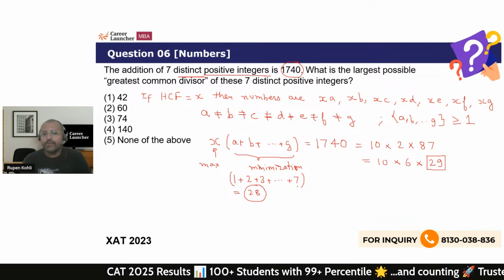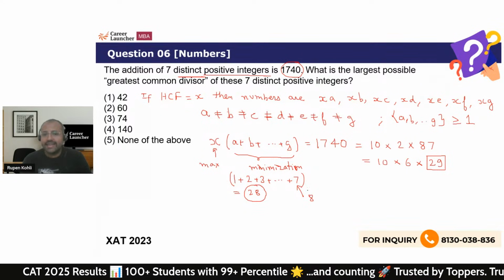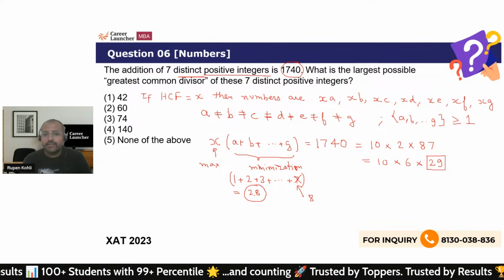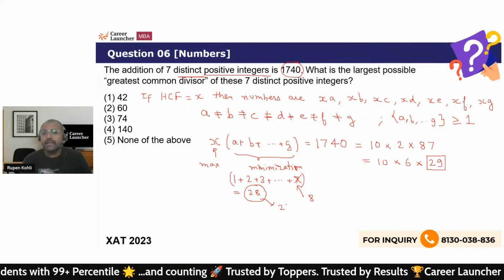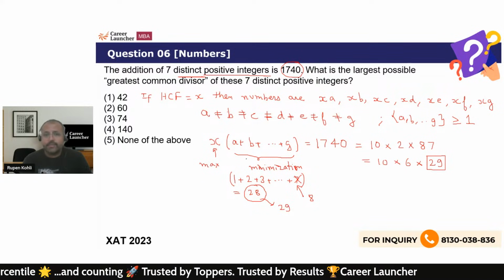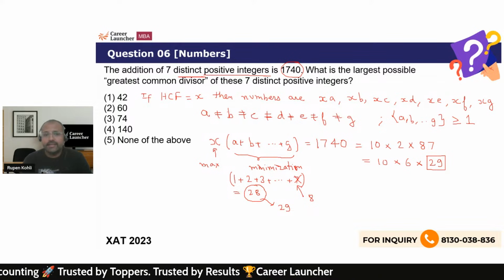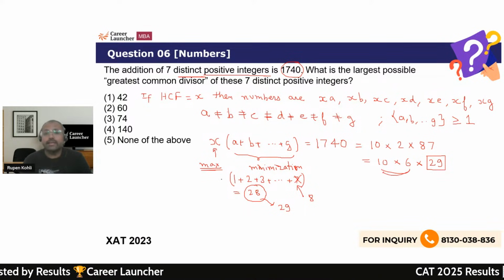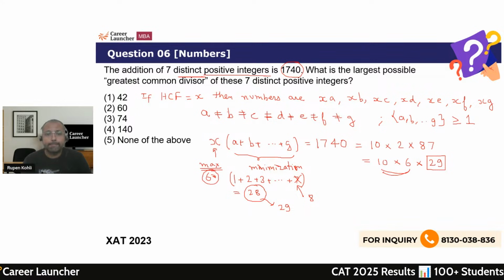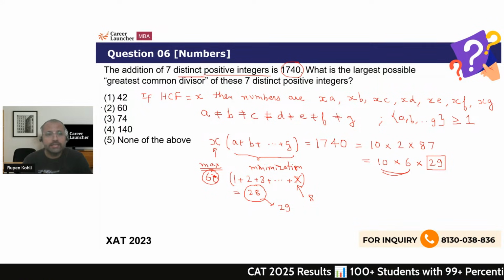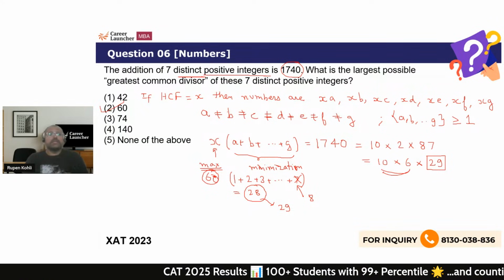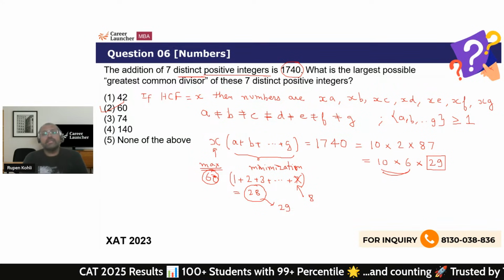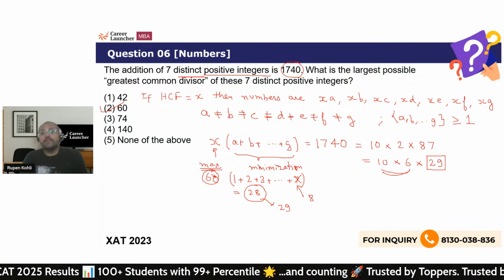So what I can do is make the 7 as 8, and I can get this sum to be 29. So when this sum becomes 29, then the HCF takes its maximum value, which is 10 into 6, 60. So 60 is the highest possible GCD of these 7 distinct positive integers.